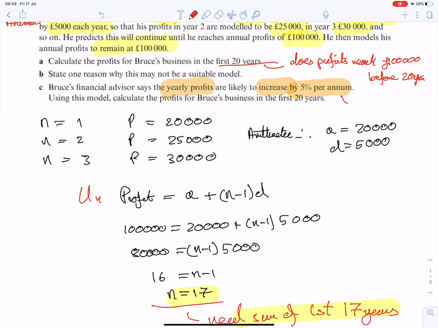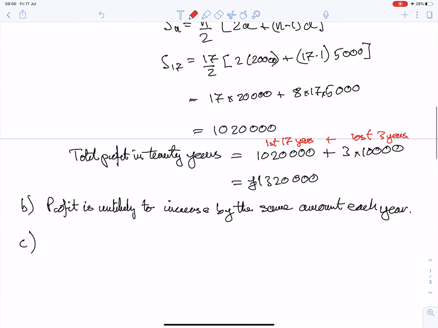Well, it's going to be different amounts each year, and a percentage increase is a multiplying factor. It's multiplying by 105 over 100. That's how we increase something by 5%. And because it's a multiplying factor, that suggests to us that it's going to be a geometric sequence, and adding them up to make it into a series.